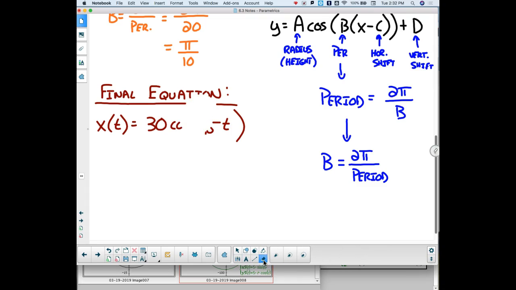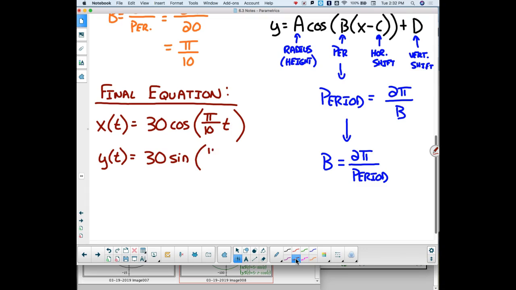Whoa, way too much. Forgot to change the size of said eraser. And y of t is going to equal 30 times the sine of pi over 10t plus 40.